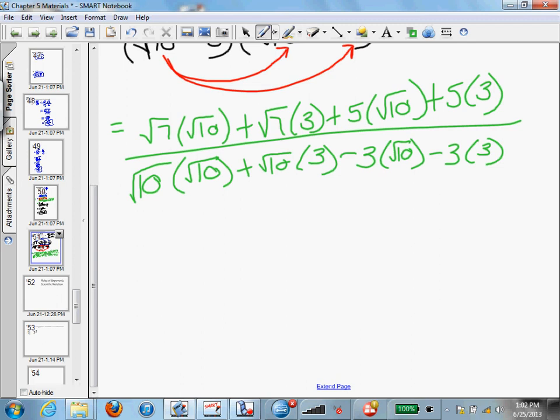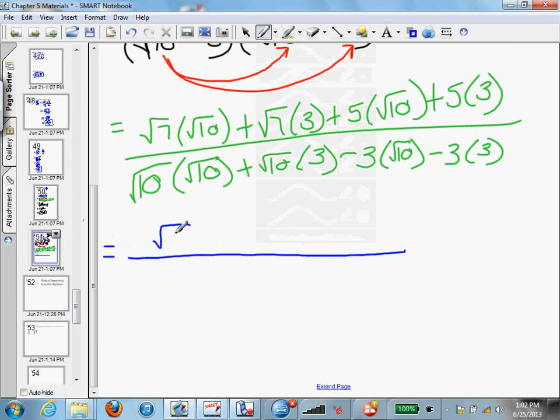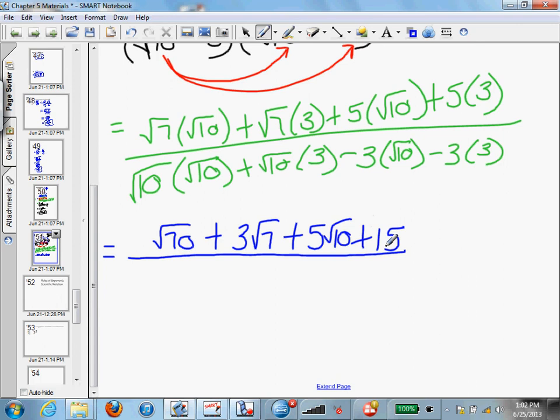So now let's go through and simplify what we just developed. So square root of 7 times square root of 10, that's going to be square root of 70 plus 3 times the square root of 7 plus 5 square root of 10 plus 15. That's what the top is going to look like for now.